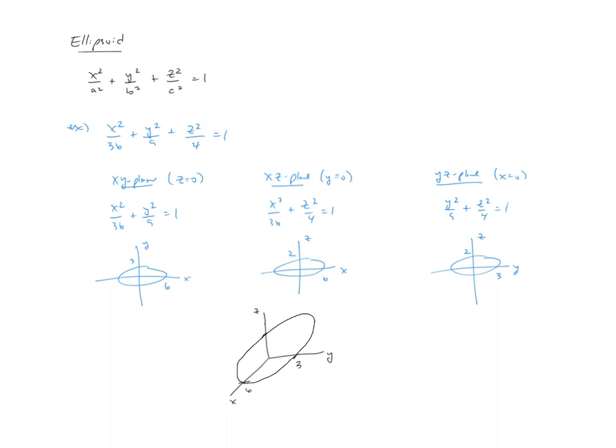I'll call this guy here 2, since I'm on the z-axis. And then if we were to look down any of the other axes, you would start to see that in R2 there would be these ellipses inside there. So this guy's destined to look more like a blimp or a rugby ball or something like that. But that's your ellipsoid.